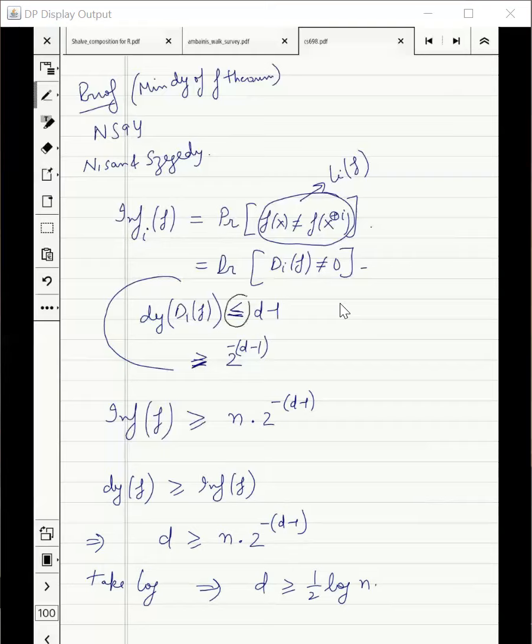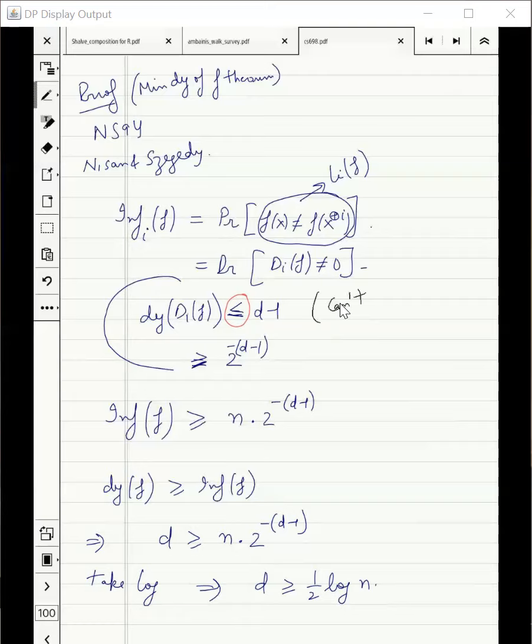I should say that the degree of DIF is less than or equal to D minus 1. It might not be exactly equal to D minus 1 because i need not appear in the highest degree monomial. But since it appears in some monomial, when I take the derivative, the function will not go to zero. So then the degree is definitely less than or equal to D minus 1. That you agree.